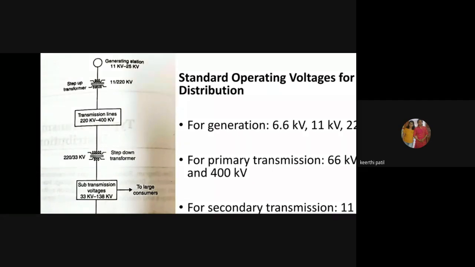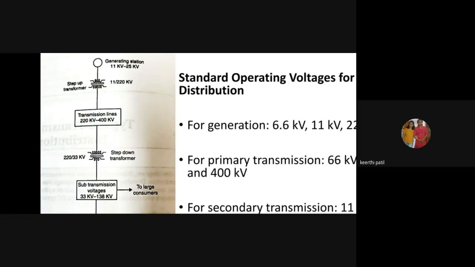Generation happens in the generating station at what voltage? 11 kV to 25 kV. Note the voltages, they are the most important thing in the power system. So the generating station generates at 11 kV to 25 kV.